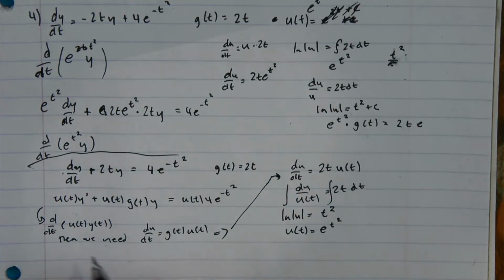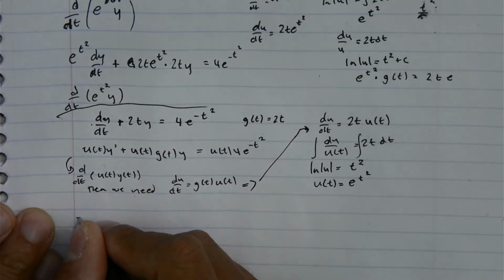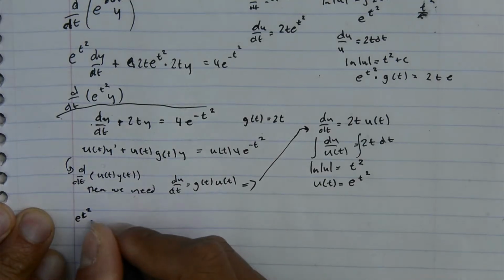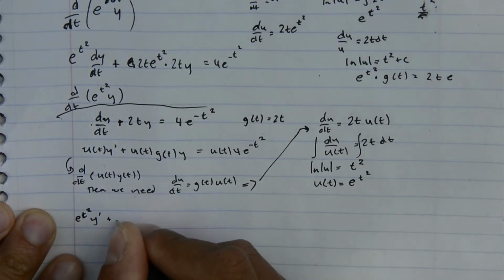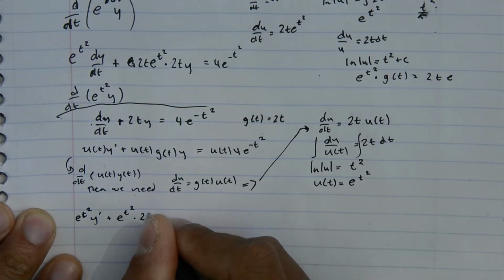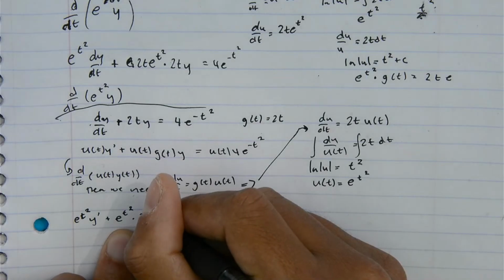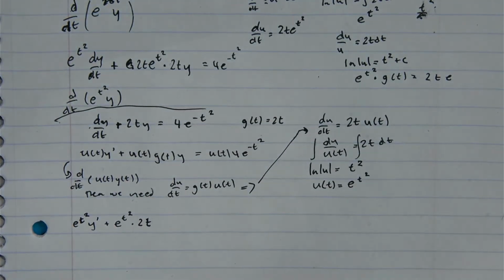So now we can rewrite the expression: e to the t squared y prime plus e to the t squared times 2t. Oh yeah, see, that's where I messed up.